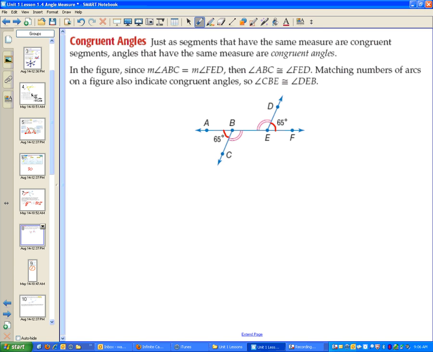In symbols, the way you write measure of an angle is with an M for measure. So if I write the measure of angle ABC, then I'm really talking about a number, aren't I? Because measures are numbers. So the measure of angle ABC and angle ABC are not the same thing. In the same way that segment XY and the length of segment XY are not the same thing.